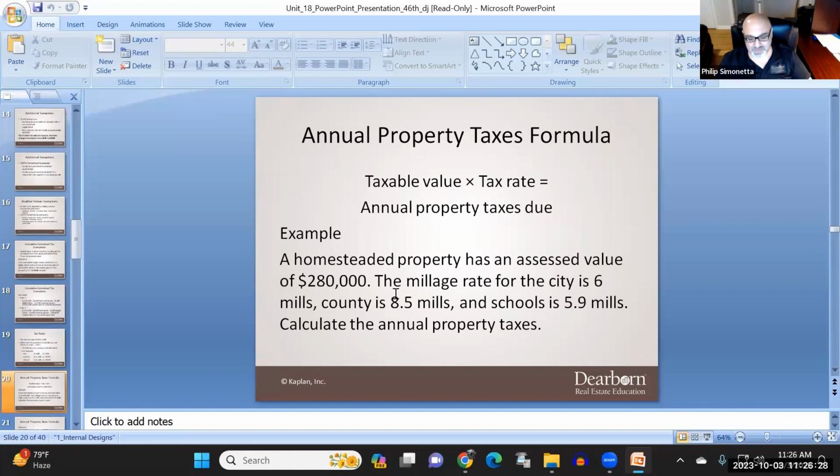Calculate the annual property taxes. You have to figure out the school taxes, and the county and city taxes. Then you multiply those values by the mills, and it will tell you the amount of taxes. Does that make sense?